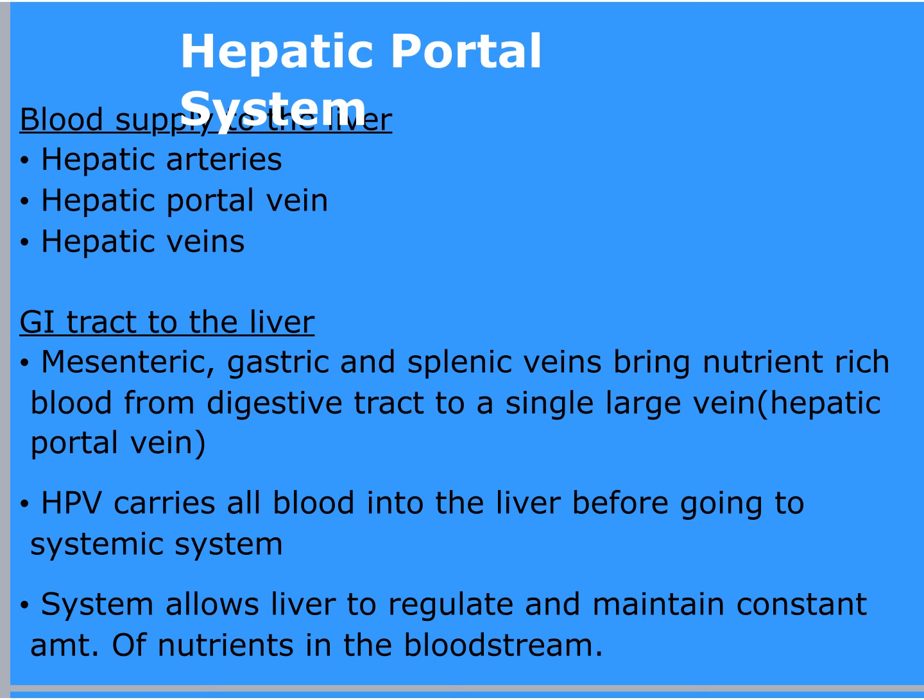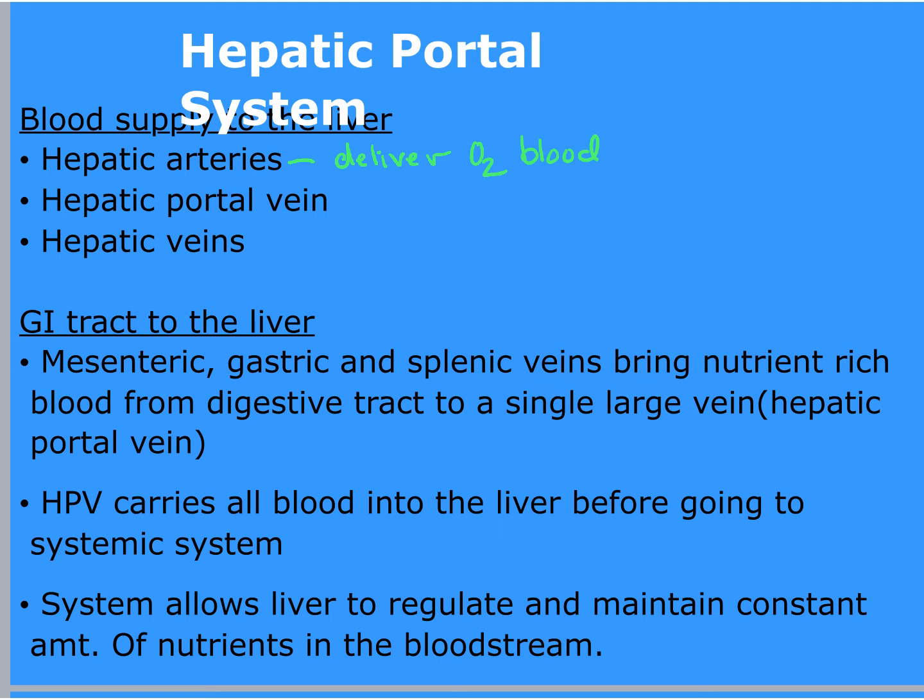Let me first start off with letting you know that there are blood vessels here listed for you that are responsible for blood supply to the liver. And the hepatic arteries, these are arteries that deliver oxygenated blood to the liver.